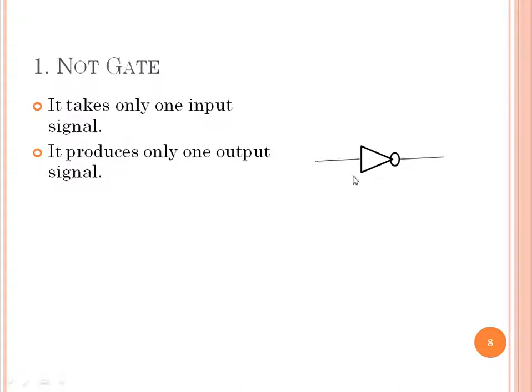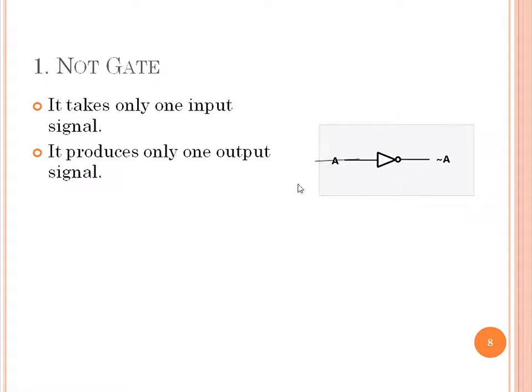In the list of gates, this is the first gate, the NOT gate, and out of all the gates, this is the only gate that accepts only one input signal, exceptional to the other gates.